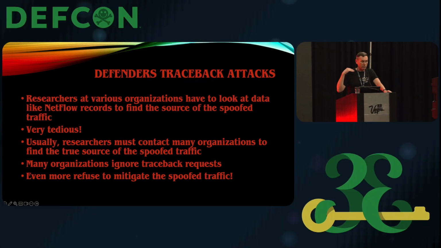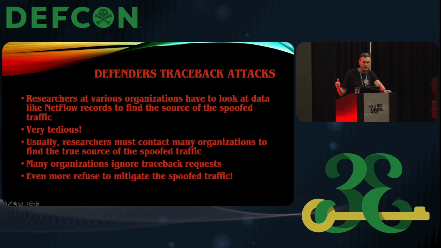So in the community, we have been trying to trace back where these DDoS attacks come from, where this spoofed traffic is coming from. It's easy to trace back if it's a true source IP coming in, but if it's spoofed, then you have to dig through your traffic logs like NetFlow records and figure out which interface it came from.